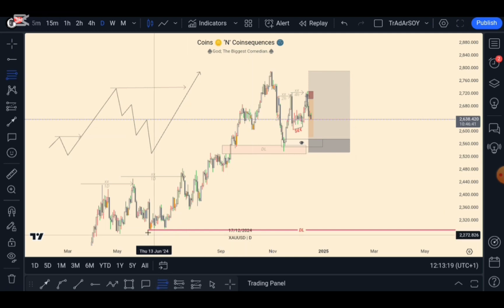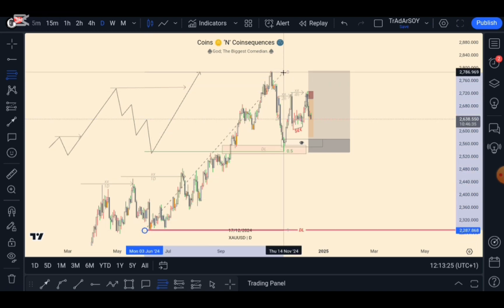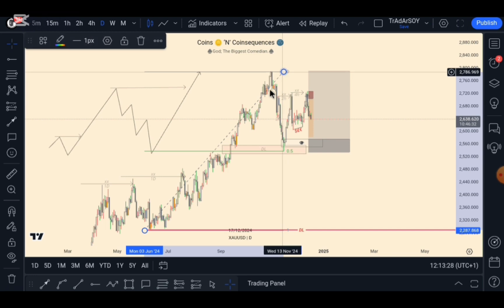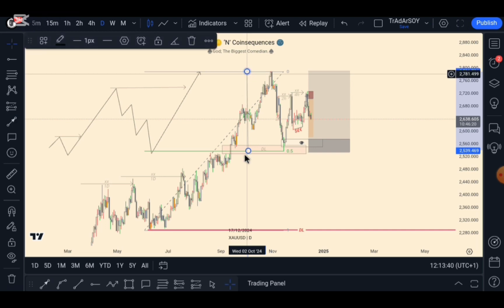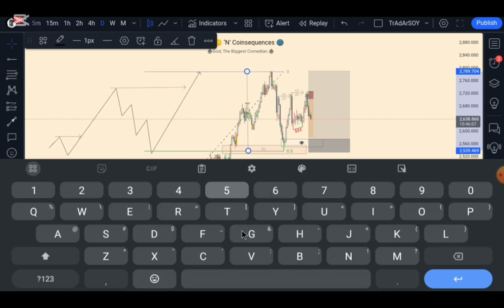Then after that, I map out my premium and discount price array. I want to know my zones. So from here to here is the premium zone.